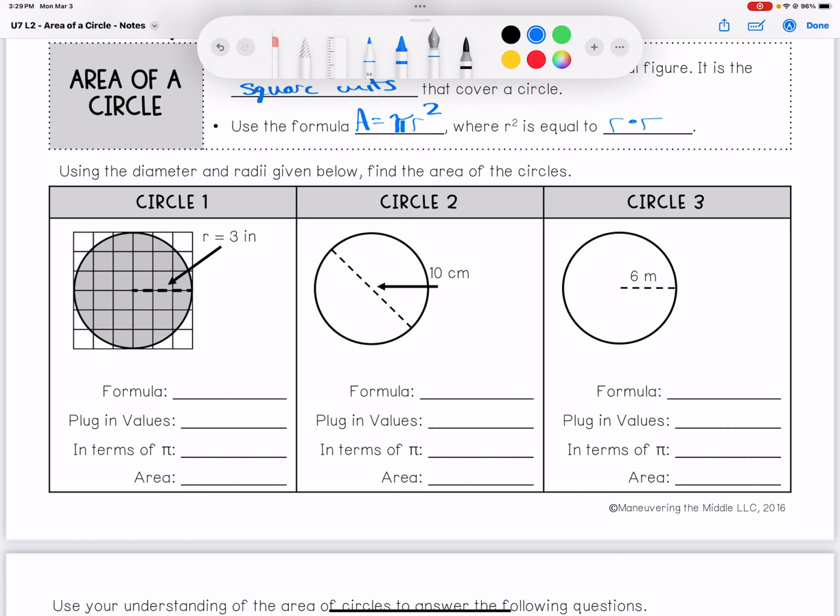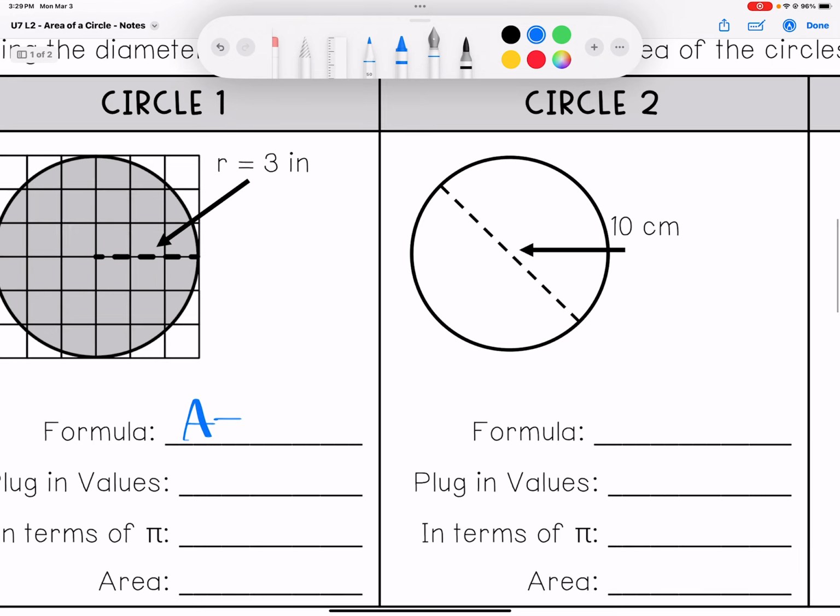The formula to find the area of the circle is area equals pi r squared. So let's plug in the values that we have. Okay, area, we don't have it. We know pi is 3.14. We know we're going to multiply.